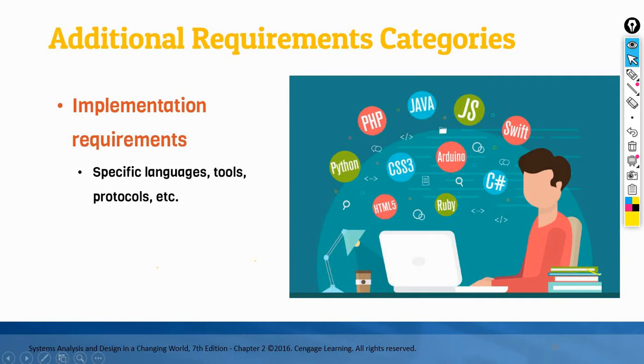Implementation requirements describe constraints such as the required programming language that will be used, the tools, documentation, and other levels of detail, and maybe a specific communication protocol that will be implemented for the system.